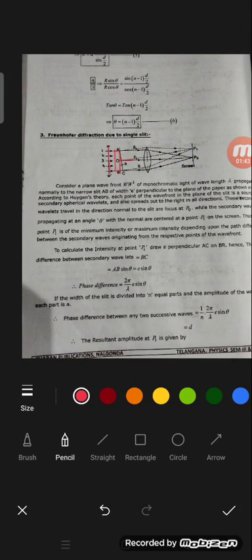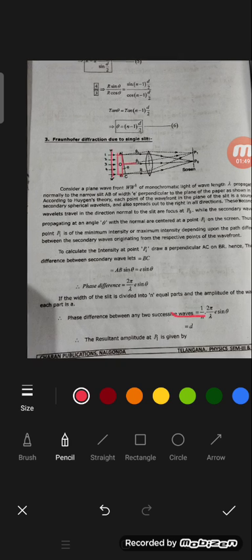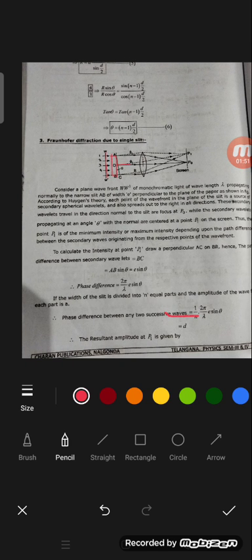We have also seen the Huygens theory in the 4th unit. According to the Huygens theory, each point of the wavefront in the plane of the slit is the source of a secondary spherical wavelet. That is the specialty of the Huygens theory explanation.